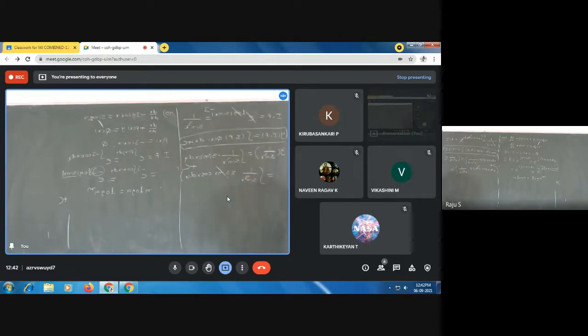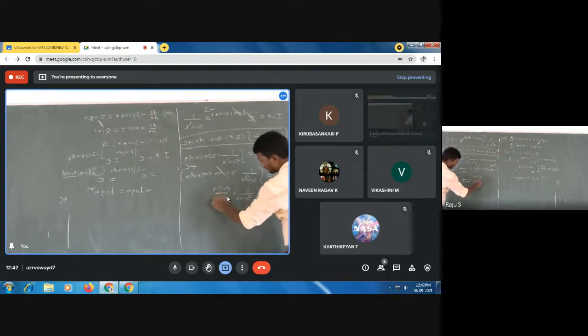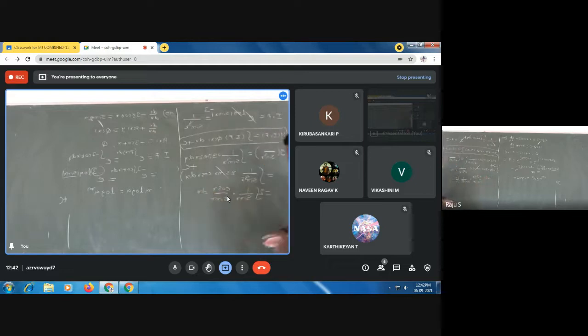What is the remaining? 2 is a constant, take it outside. 1 by sin square times cos x. I can write it as 1 by sin x into cos x by sin x. Remaining one sin gets cancelled, leaving sin square, which is sin into sin.